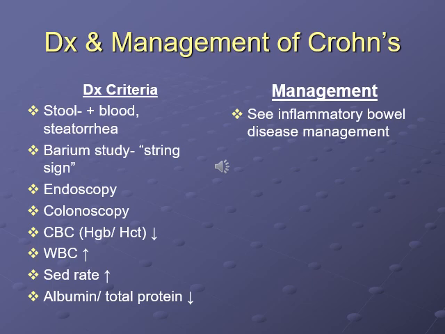That doesn't mean they have an infection just because their white blood cell is elevated. It would also depend on other signs and symptoms. Now, albumin or total protein: if they're having issues with malnutrition and absorption, we might expect their albumin or total protein to be down.